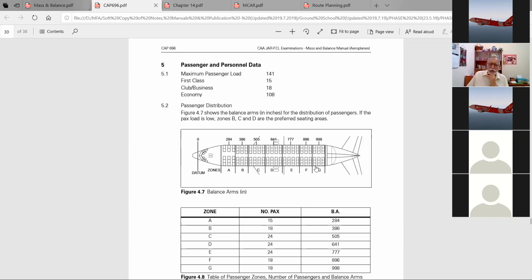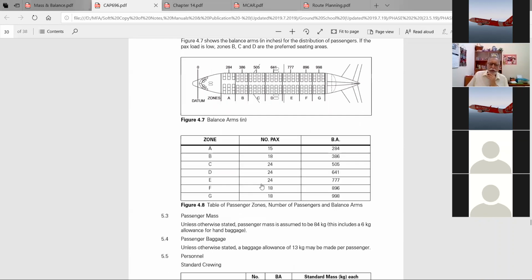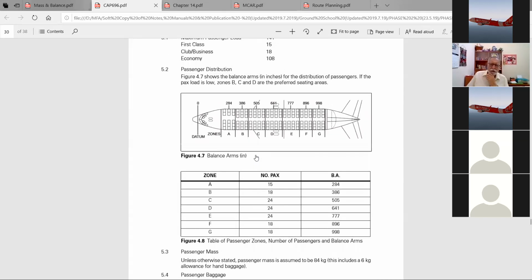So there are different zones, and each zone has a capacity or number of passengers: A, B, C, D, E, F, G. Look at that. In the center there are more, and front and back there are different numbers. More of the passengers are at the back, and each one's balance arm is given. So we'll be referring to figure 4.7, 4.8 later on.